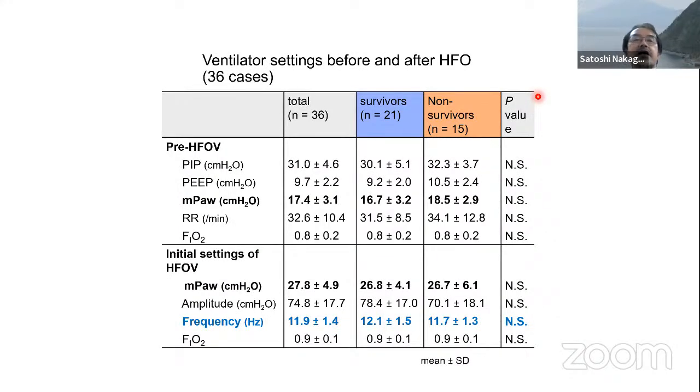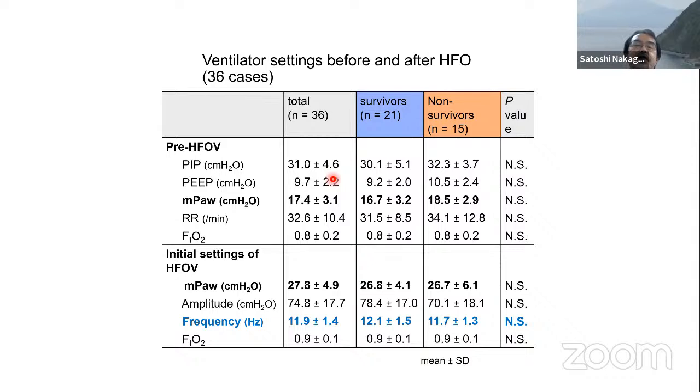These are the settings before the high-frequency oscillation and the initial setting of the high-frequency oscillation. Before switching to the high-frequency oscillation, the patients were on pressure-controlled mechanical ventilation, and PIP was 31 and PEEP was around 10.